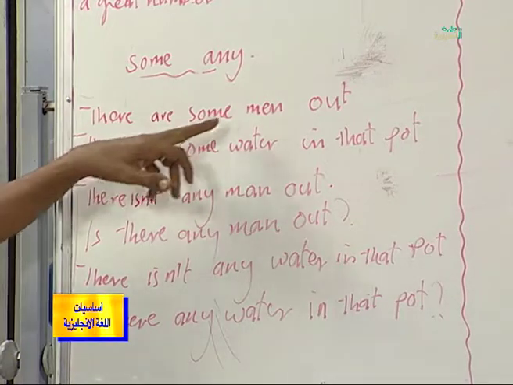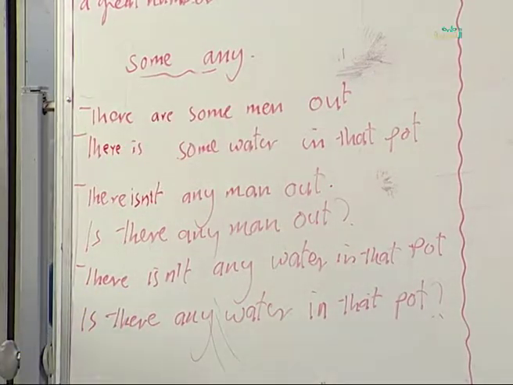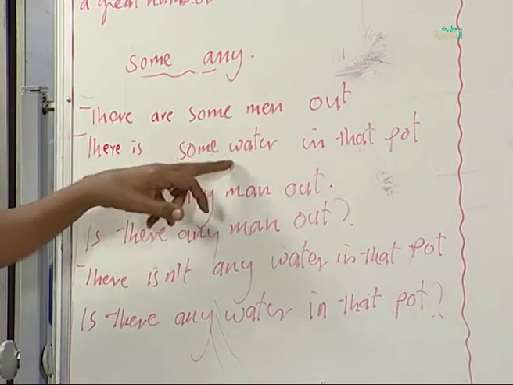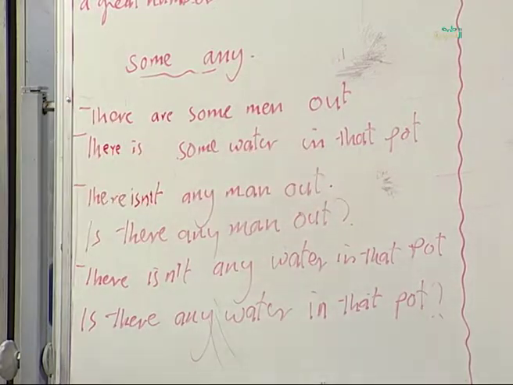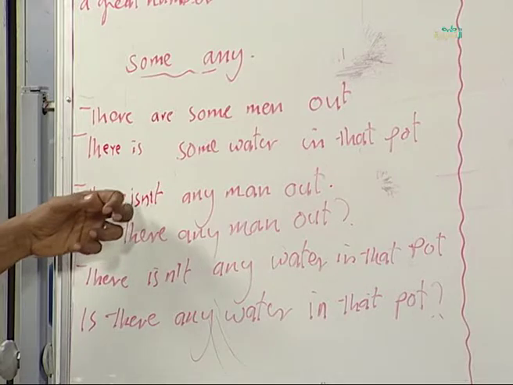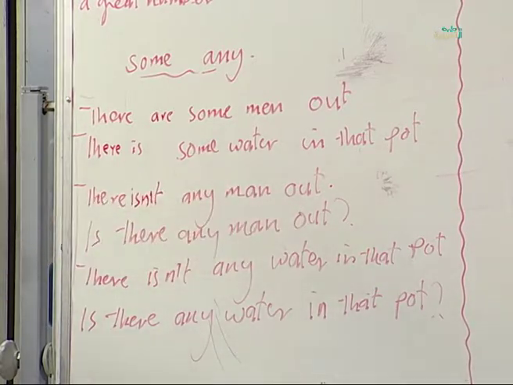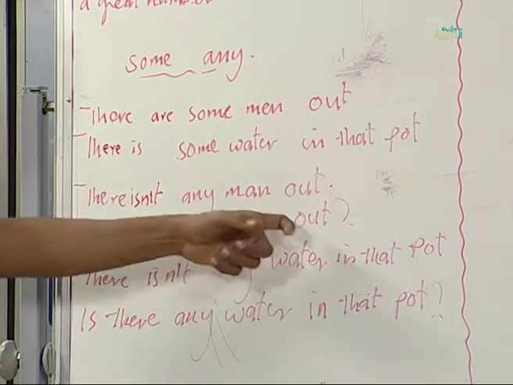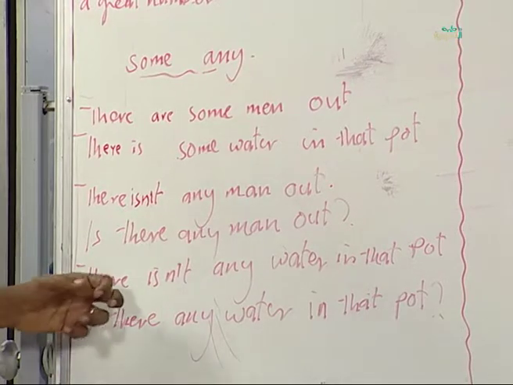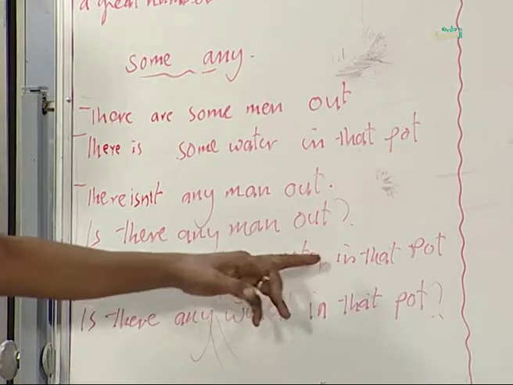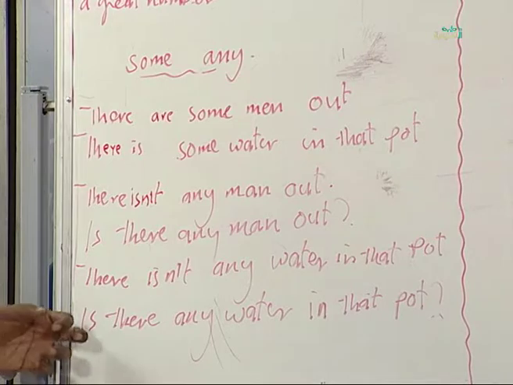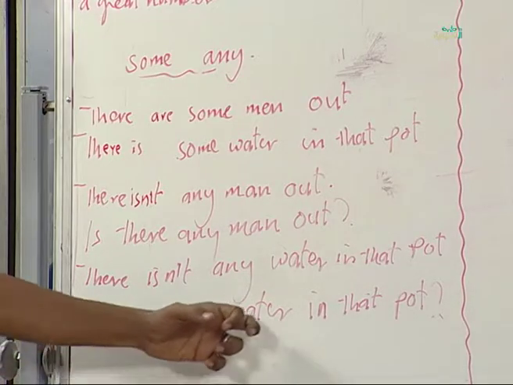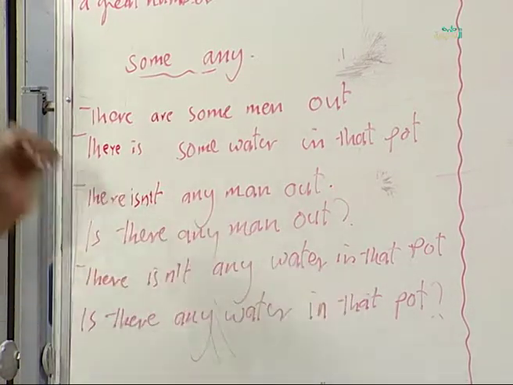There are some men out. There is some water in that pot, for example. There isn't any man out. Is there any man out? There isn't any water in that pot. Is there any water in that pot?